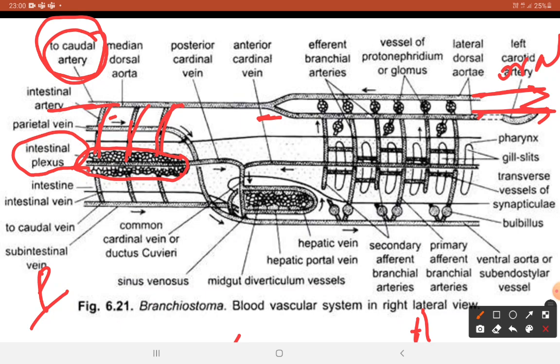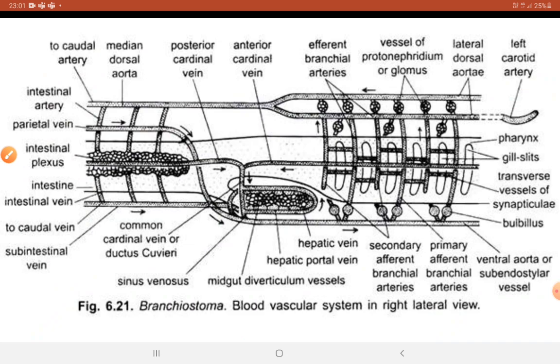Then the subintestinal vein. Now the blood from the tail region is collected by the caudal vein. Now we will talk about the veins, the ones which pick up blood from different parts of the body. The first one here will be the caudal vein.